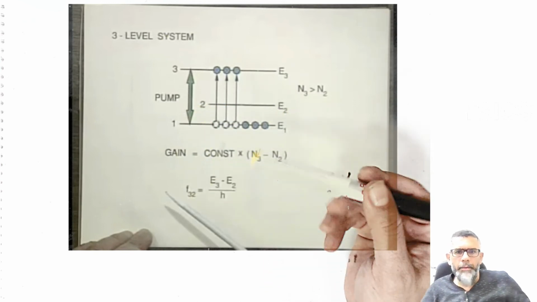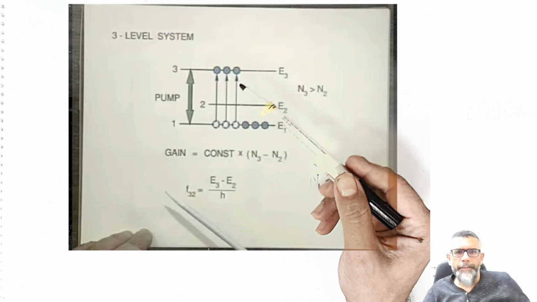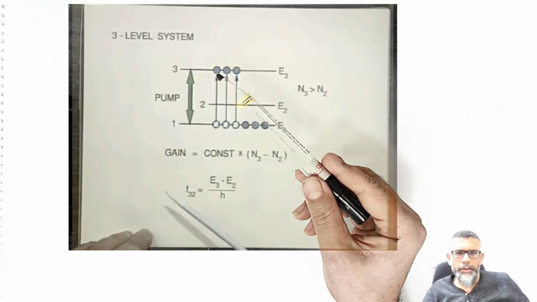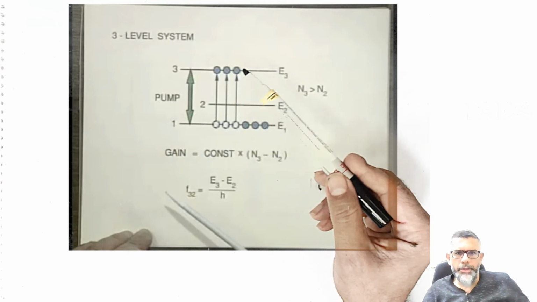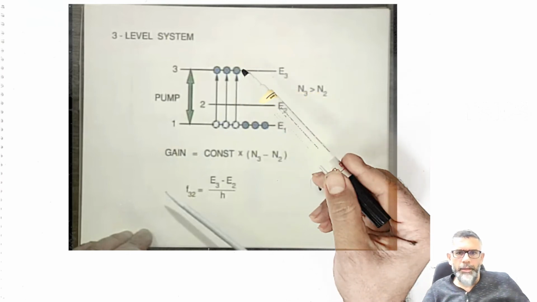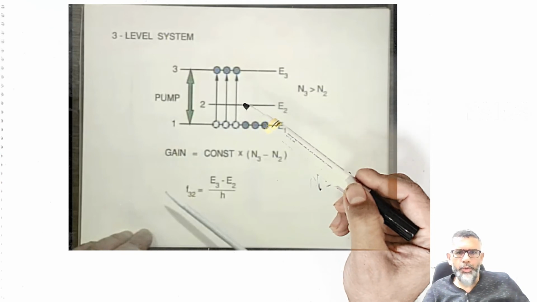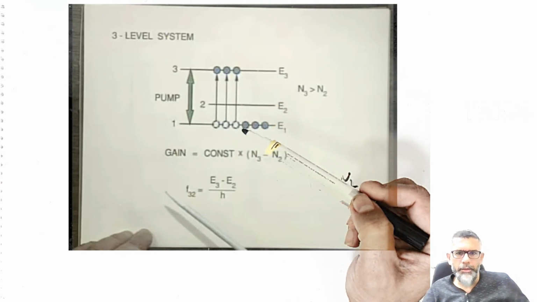Whenever the electrons get to the highest energy level, which is E3, they will drop to this E2, not directly to E1.